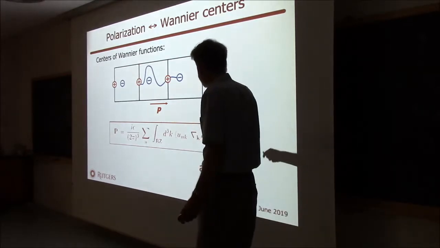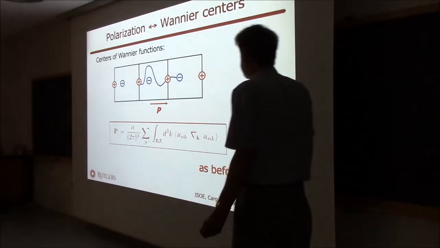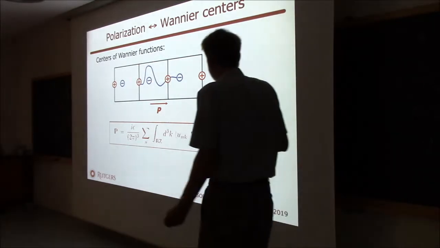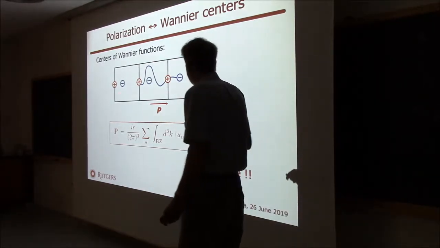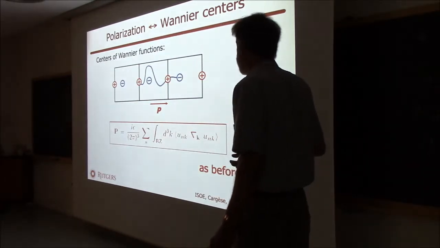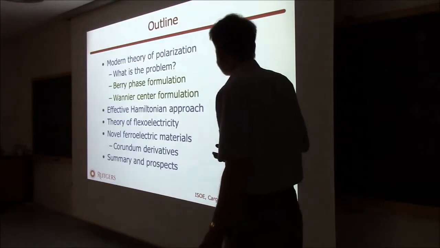So there's what's called a branch choice of the polarization. As long as you're calculating changes of polarization, which is what we almost always do, we only have to be a little bit careful about this branch choice, but it's not a problem in practice.